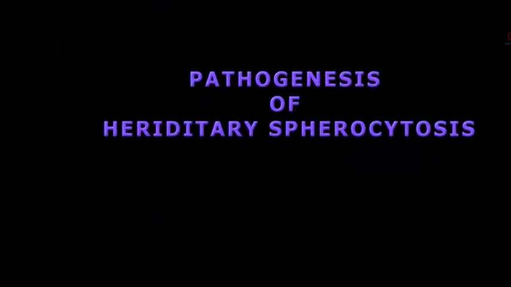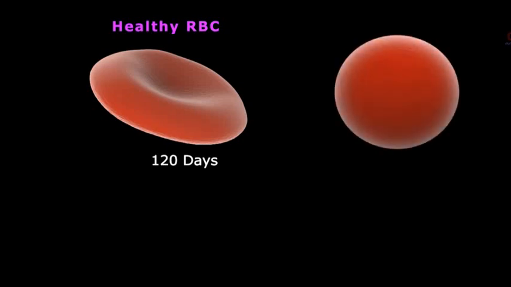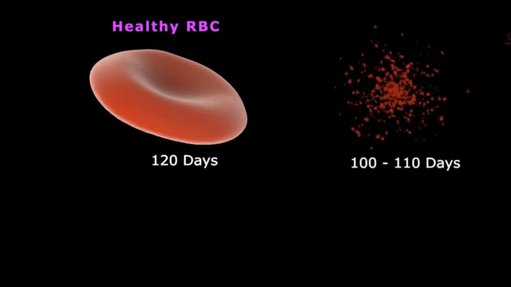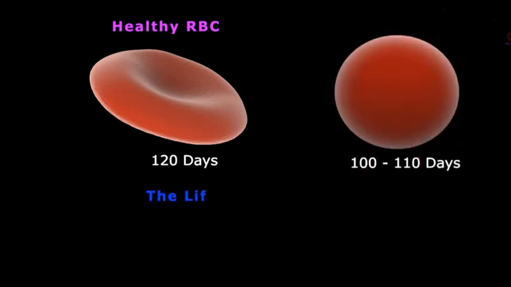Now, what is the pathogenesis of hereditary spherocytosis? This is a healthy RBC, and its lifespan is 120 days. This is a spherocyte, whose lifespan is 100 to 110 days.